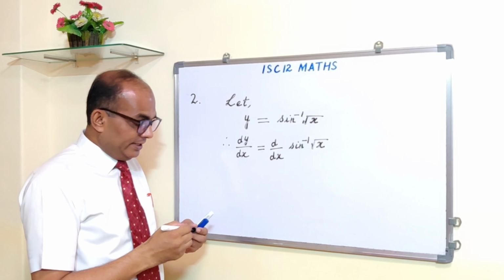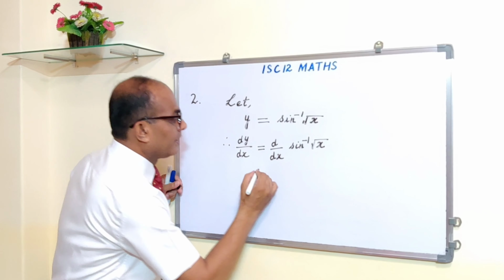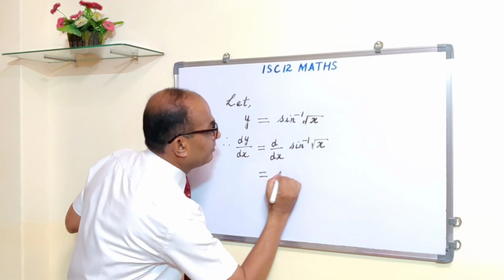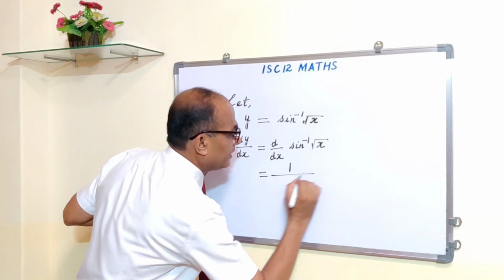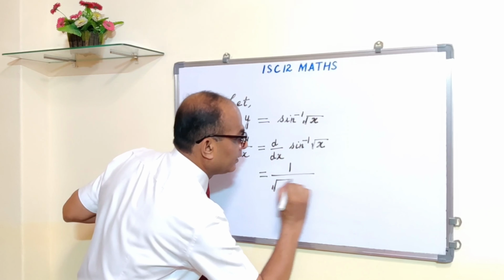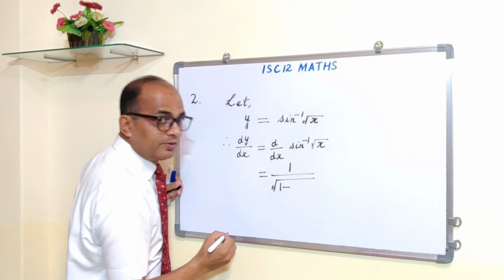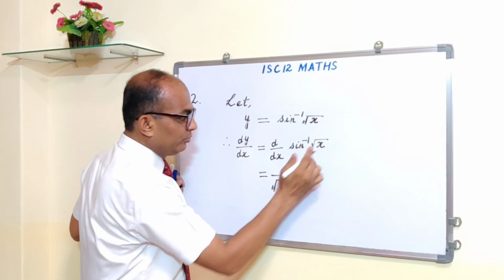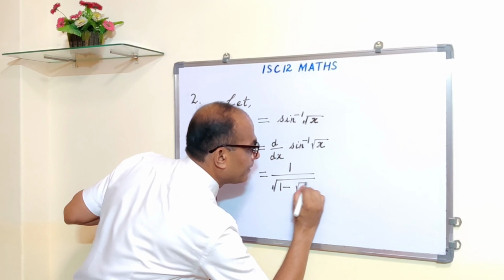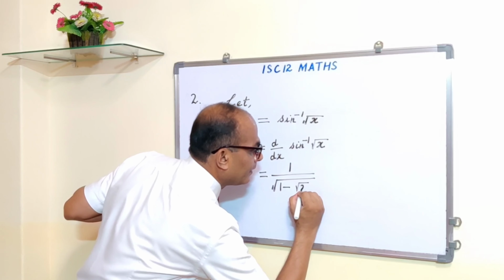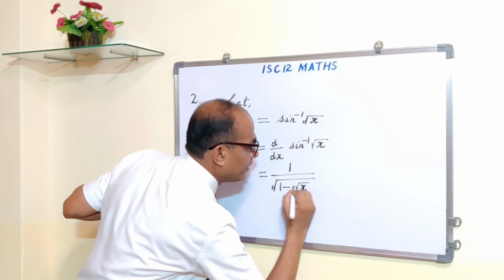As you know the formula, d/dx of sine inverse x is how much? 1 over root 1 minus x square, but in place of x we have root x, so root x square.